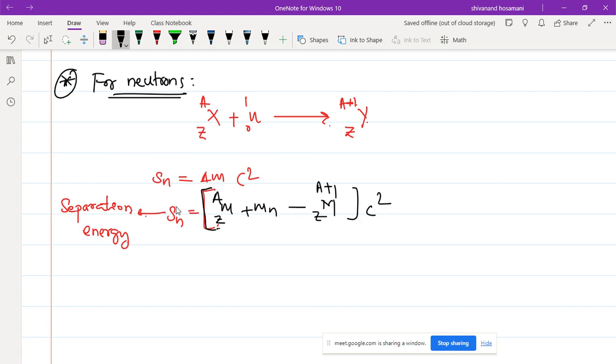That gives the total separation energy of that neutron capture. Neutron capture and neutron separation energies are both the same.